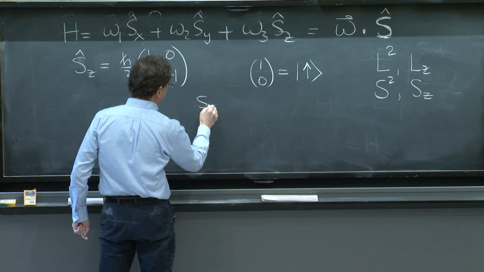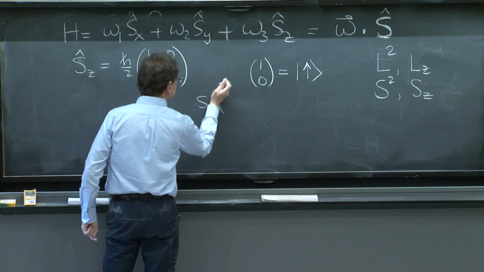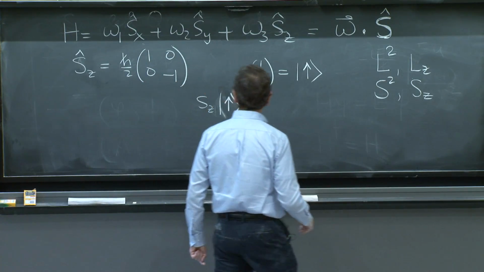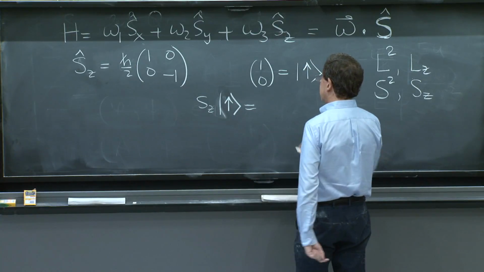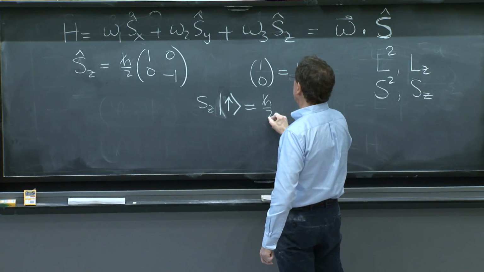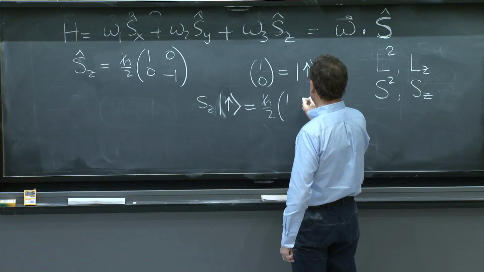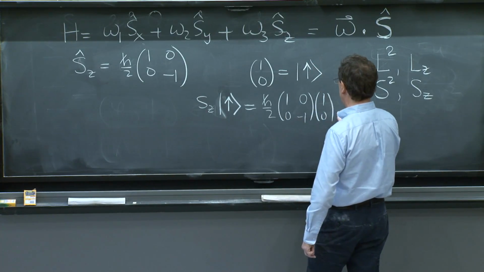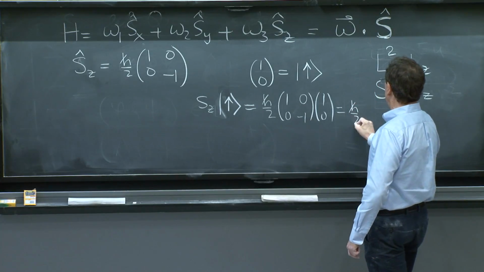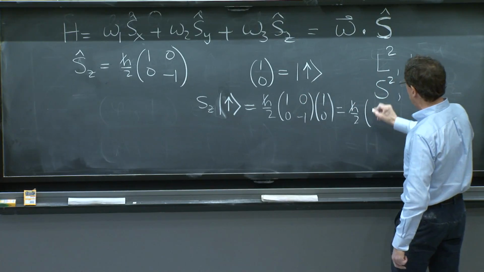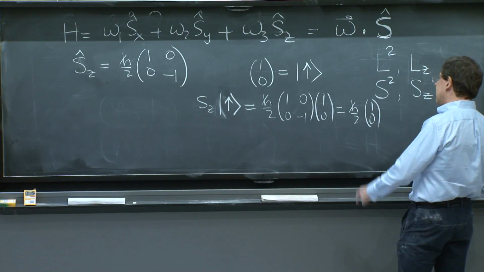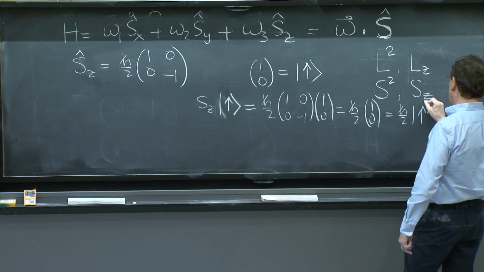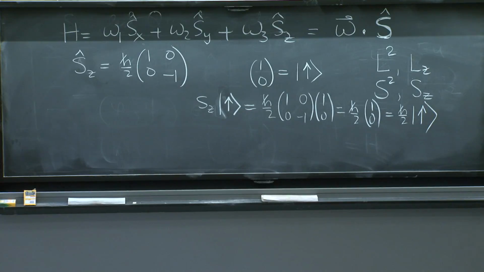Sz acting on up is equal to h bar over 2 times the matrix (1, 0; 0, -1) acting on (1, 0). That's h bar over 2, and the matrix gives you (1, 0). So it is an eigenstate because it's h bar over 2 up, the (1, 0) state again.